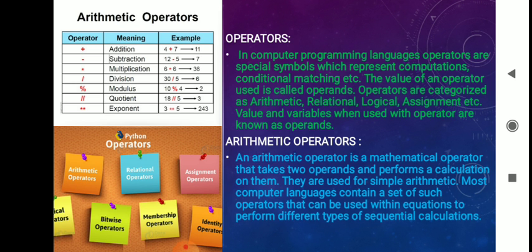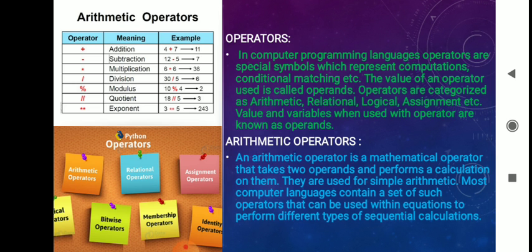First, the arithmetic operator. An arithmetic operator is a mathematical operator that takes two operands and performs a calculation on them. They are used for simple arithmetic. Most computer languages contain a set of such operators that can be used within an equation to perform different types of sequential calculation.